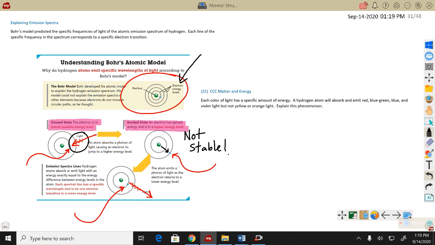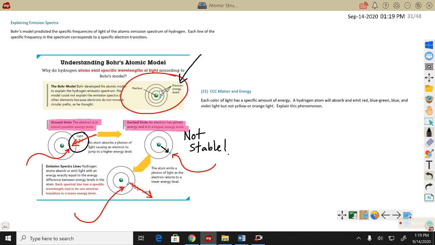Interesting, right? So we have a cross-cutting concept, matter and energy. Each color of light has a specific amount of energy. So if you think about the ROY G. BIV, the reds are low energy, the blues and violets are higher energy. And there are energies beyond the visible light spectrum, and they are emitted sometimes in the lab too.